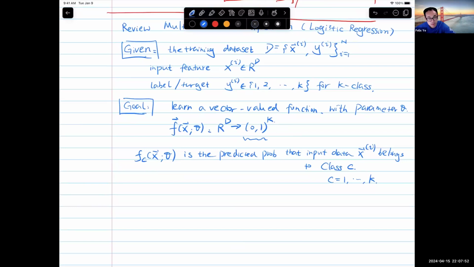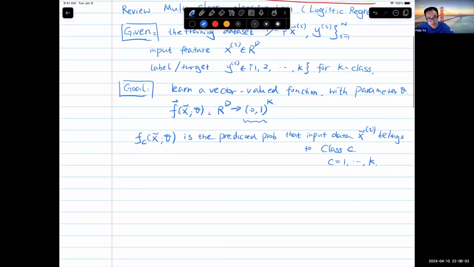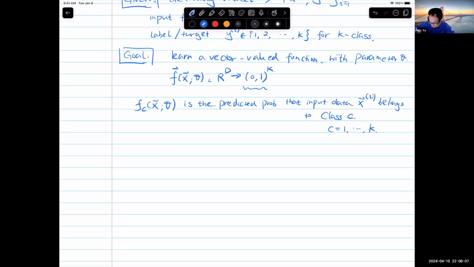The main idea is we want to find the optimal theta, and hopefully tune theta such that for all those training examples, the argmax over c of all my predicted probabilities, the corresponding c that maximizes the predicted probability, is precisely the label that we are looking for.